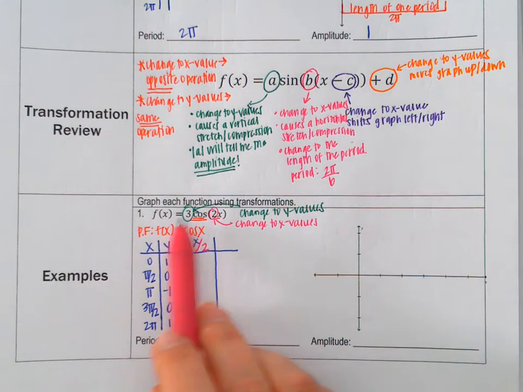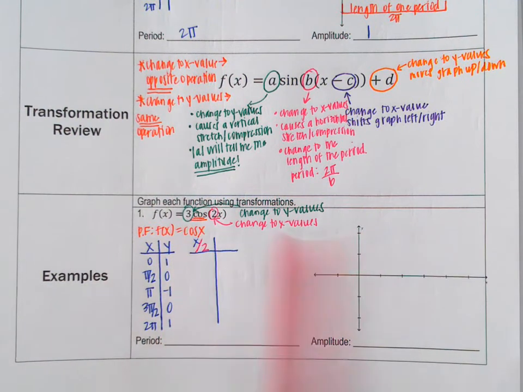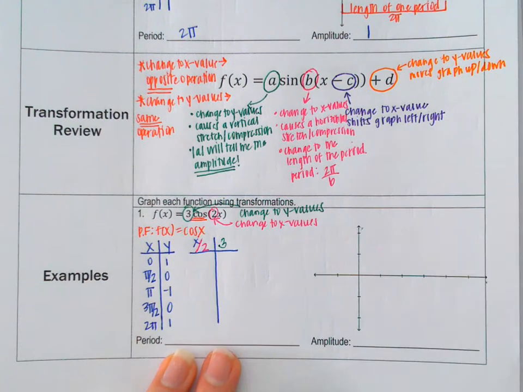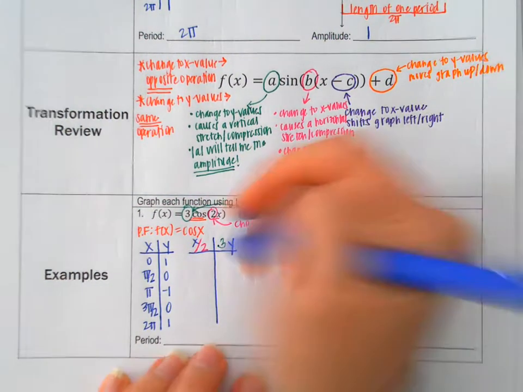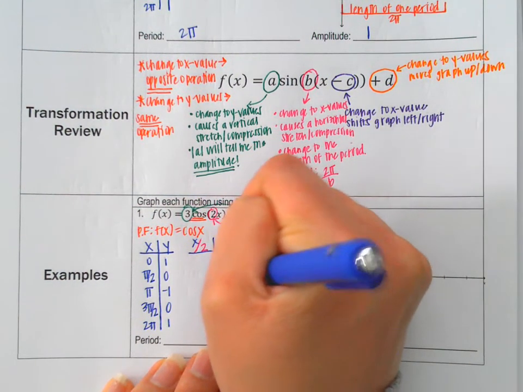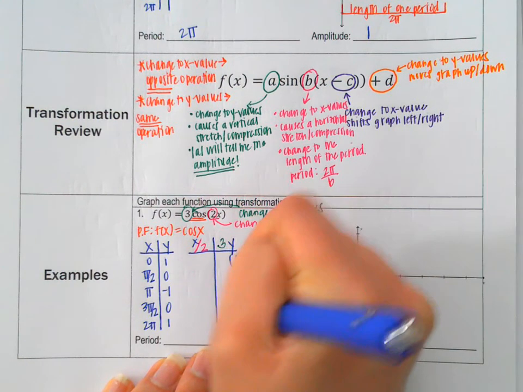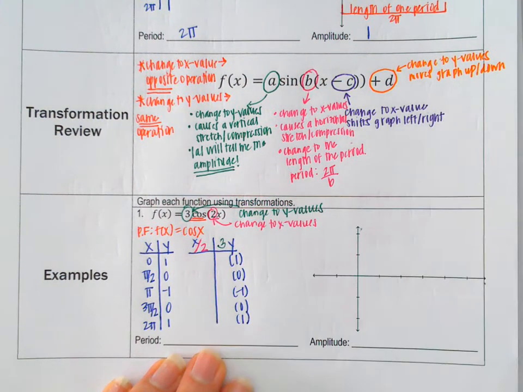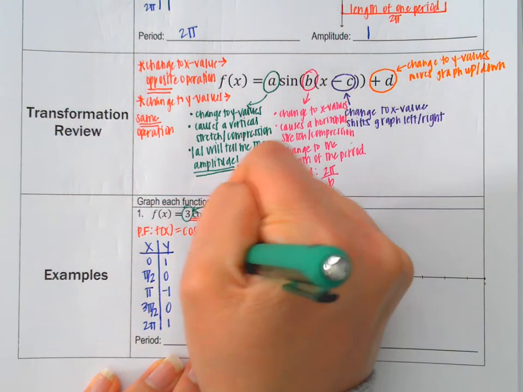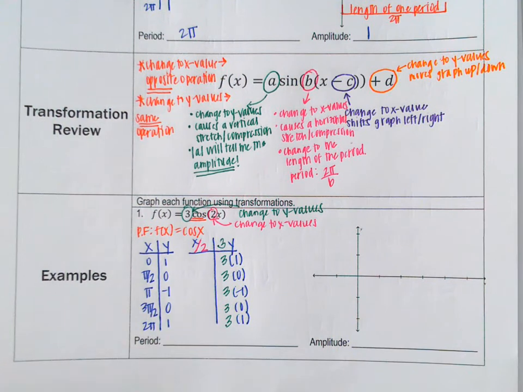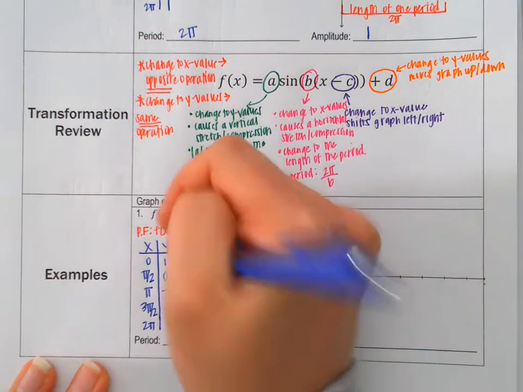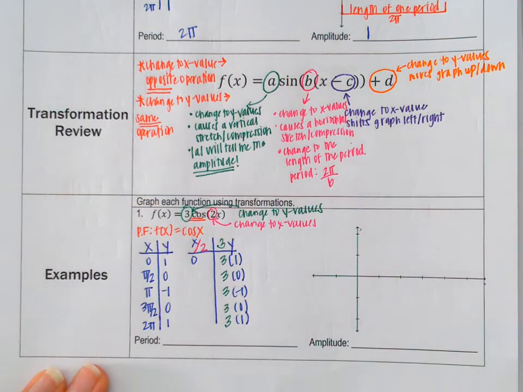And then this is 3 times cosine, and with y values, we do the same operation, so we're going to do 3y. That one's easier, right? All of my y values, I'm going to be multiplying by 3. That doesn't take much thought. But now all of my x values, we're going to divide by 2.